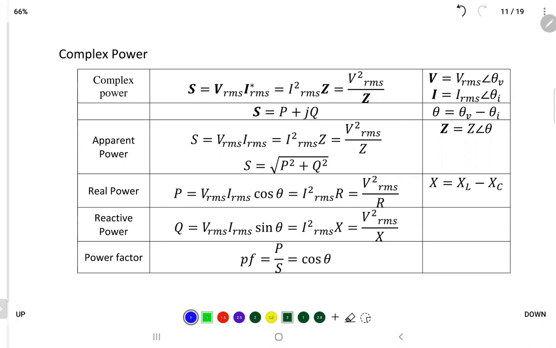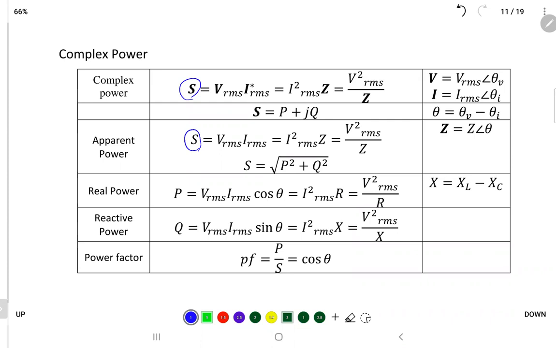Both are written S, but one is bold and one is not bold. What is the difference? For the not bold one, apparent power, you just multiply the magnitude of the voltage times the current magnitude. That's it. You don't look at the phase. For the complex power, you multiply the voltage phasor, magnitude and angle, times the current phasor, magnitude and angle. So it will give you, in the end, the complex power, magnitude and angle.